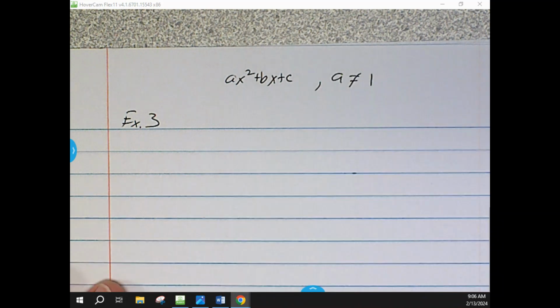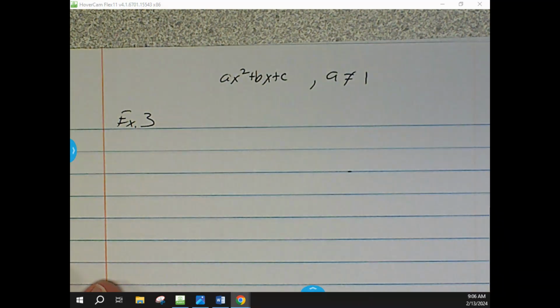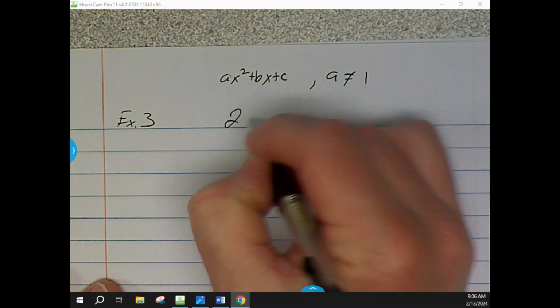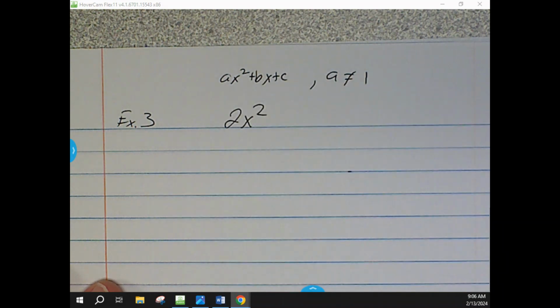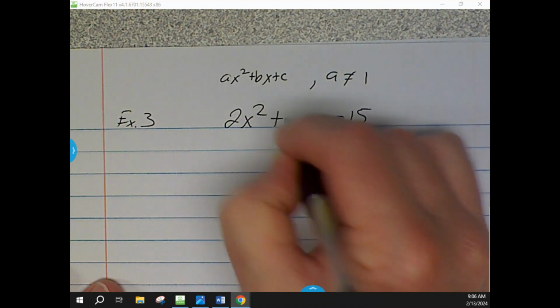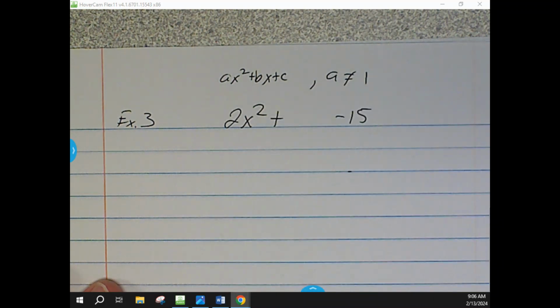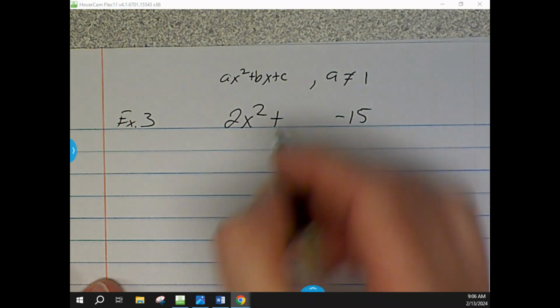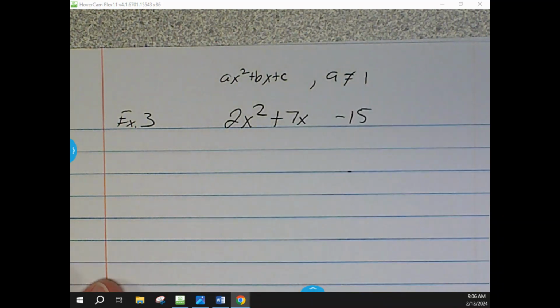Okay, so again, ax squared plus bx plus c, where the a value is not going to be 1. So let's go with 2x squared plus 7x minus 15.